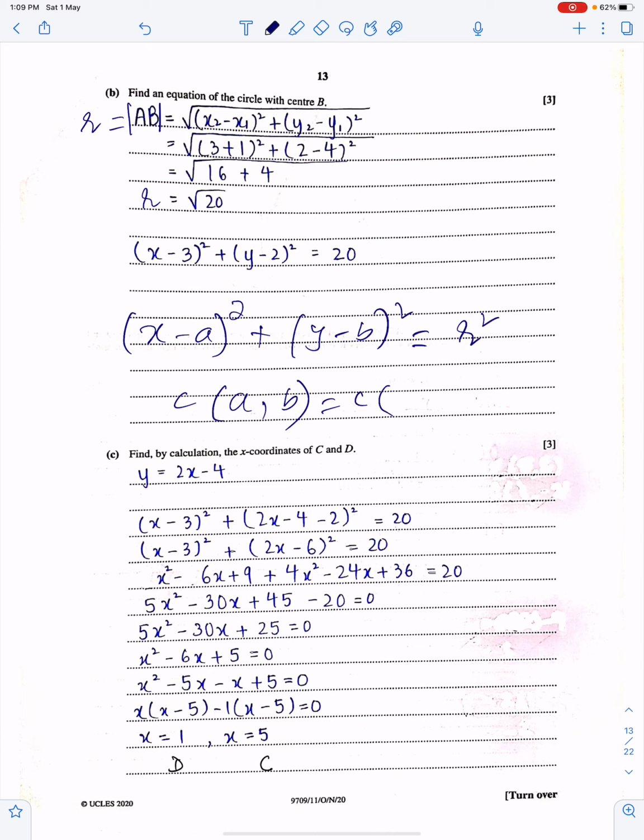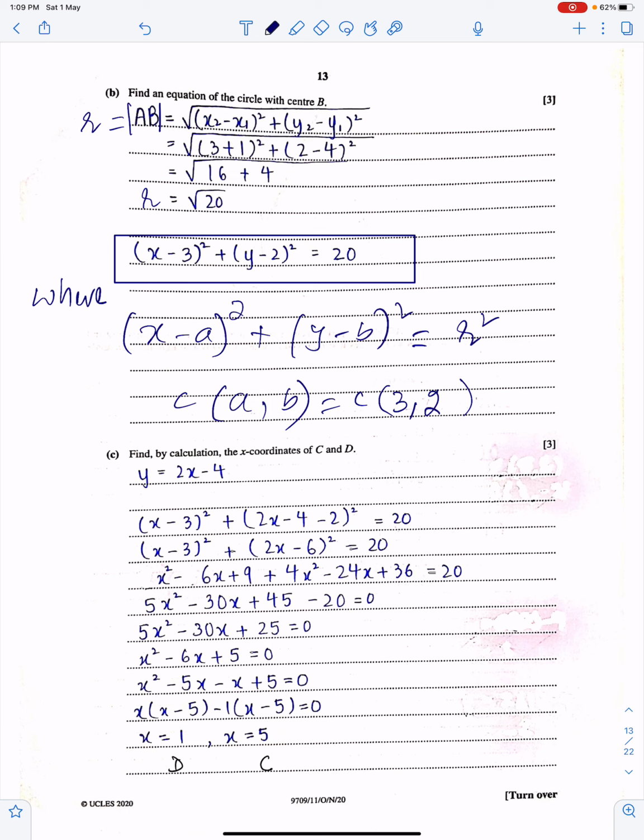And circle 2 has center (3, 2). So this is the required equation of circle 2.